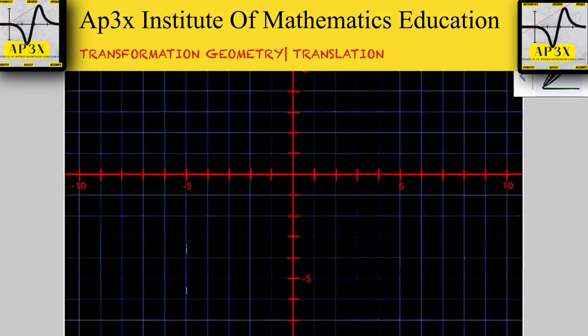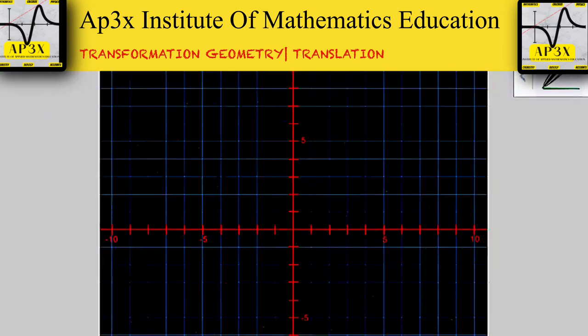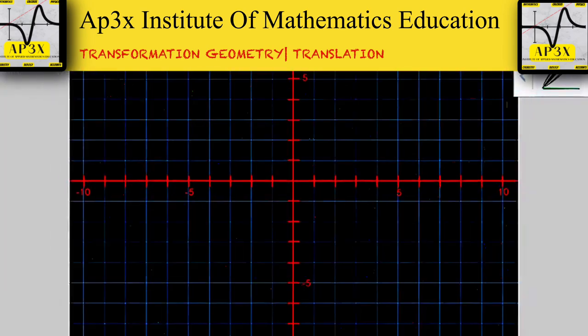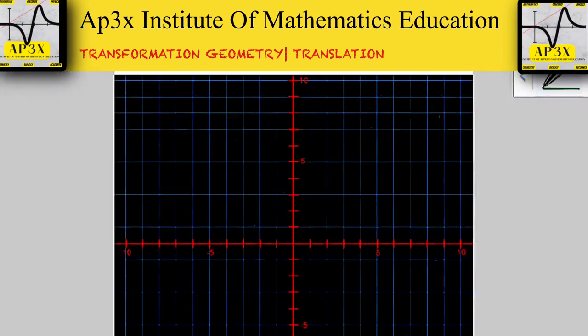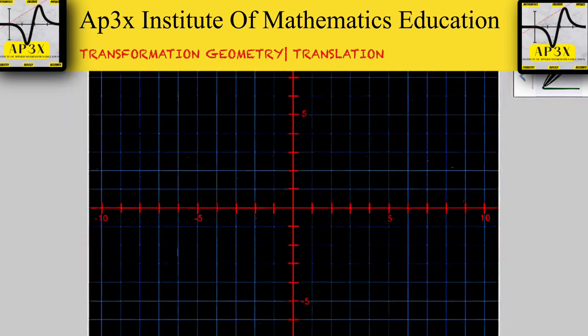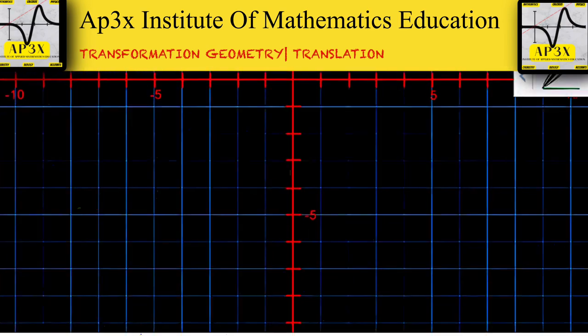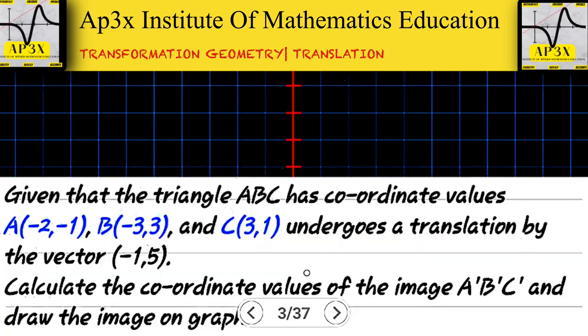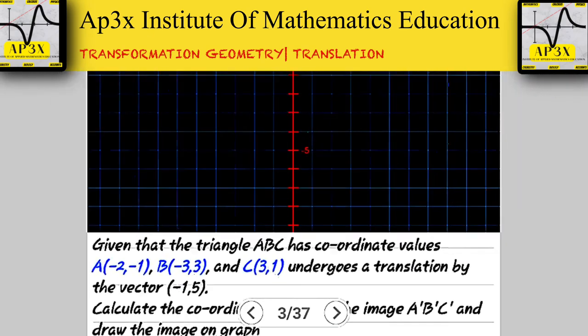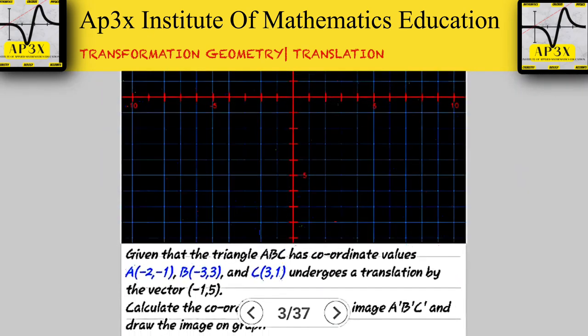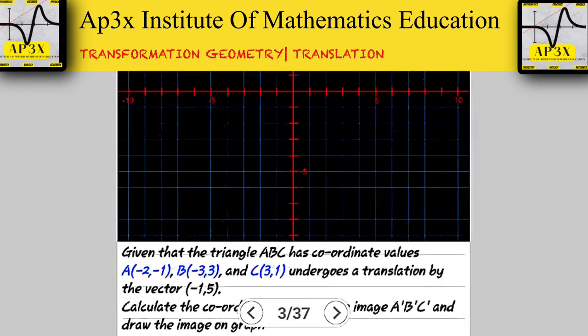We are to calculate the coordinates. Let me just zoom up this question here. I'm not able to see the question. It says, calculate the coordinate values of the image A prime, B prime, C prime, and draw the image on the graph. So it's a very similar question. This is just for repetition purposes.